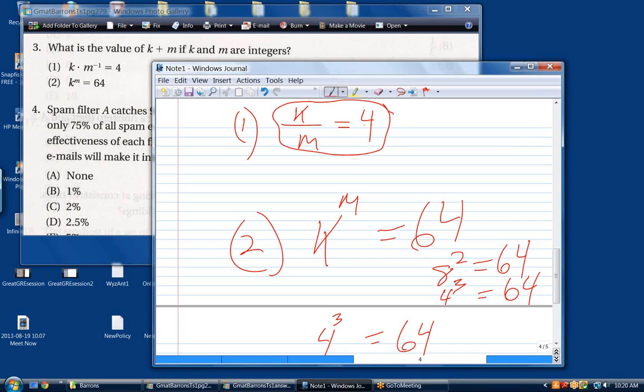Right, because we know that k is equal to 4 times m, and that pins it down to that one right there. So with both pieces of information, we know that k is 8, m is 2, therefore k plus m is 10, and we can figure it out.